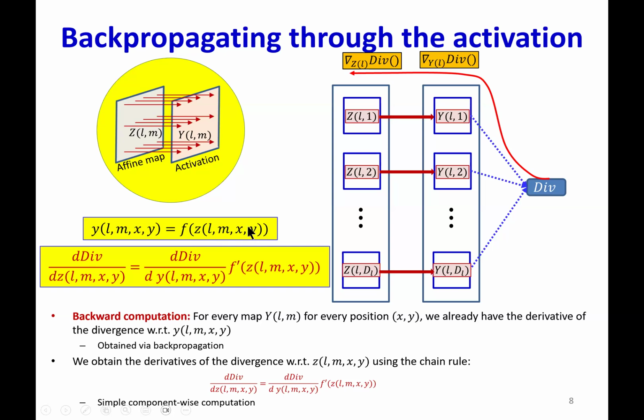So then just using standard derivative chain rules, this meant that the derivative of the divergence with respect to Z_L(m,x,y), which is the affine term, was simply the derivative of the divergence with respect to Y_L(m,x,y) times the derivative of the activation function itself computed at that Z value. So this was easy. This tells us how to propagate derivatives for the activation maps backward to the affine maps.